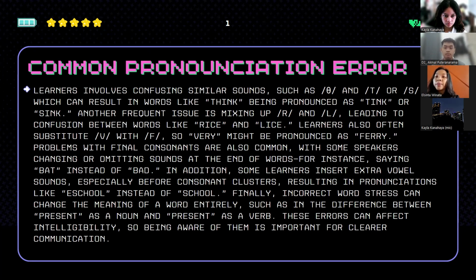Learners also often substitute sounds, so very might be pronounced as ferry. Problems with final consonants are also common, with some speakers changing or omitting sounds at the end of a word, for instance, saying be instead of bed. In addition, some learners insert extra vowel sounds, especially before consonant clusters, resulting in pronunciation like eschool instead of school.